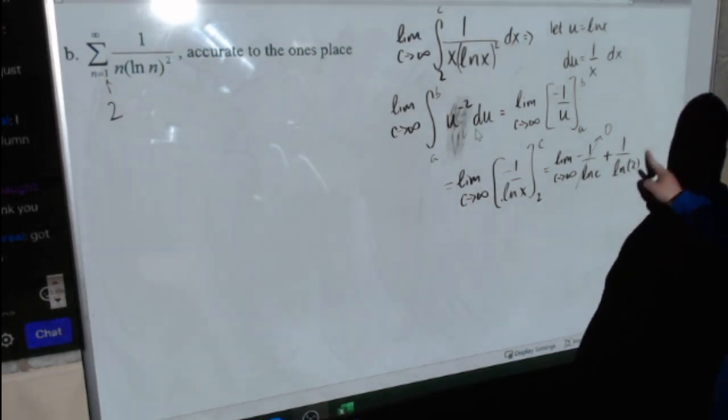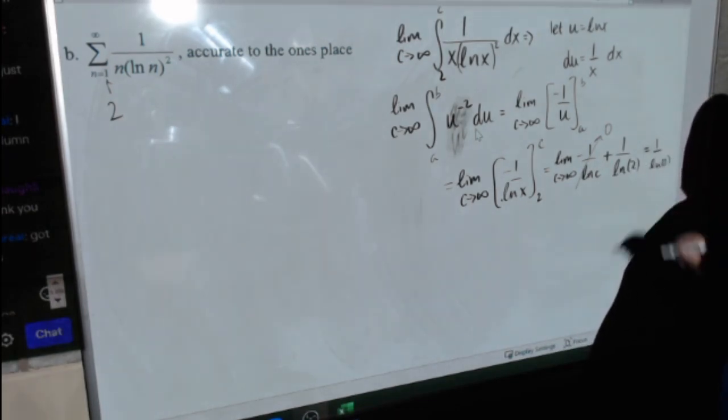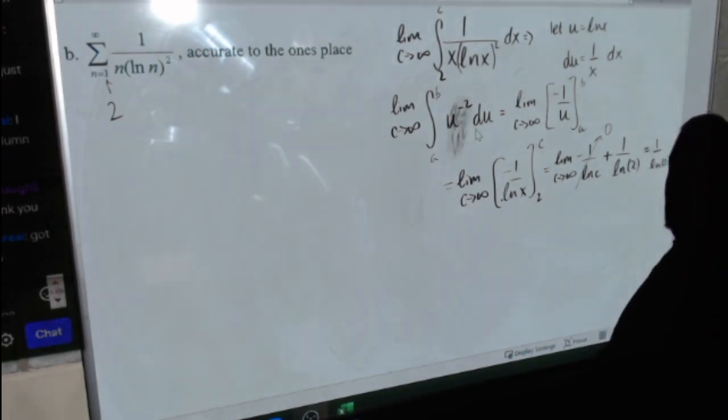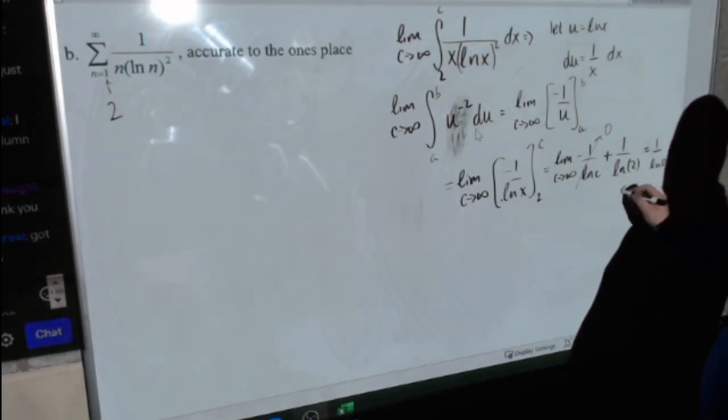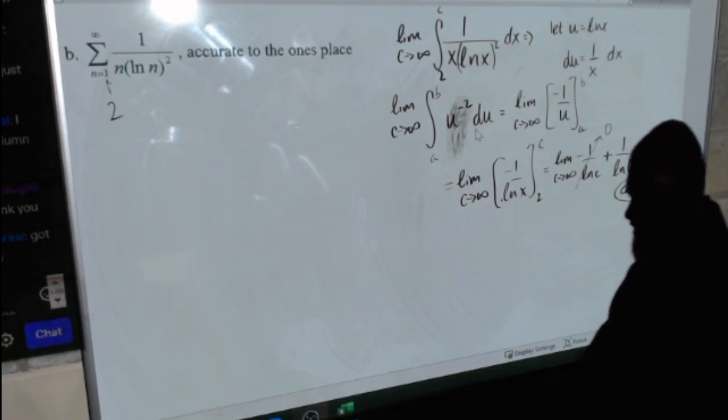And so this wouldn't be infinity, it'd be whatever 1 over log 2 is, which would be some number. If the integral gives you some number, it then converges. Alright, so let's go ahead and finish this out.